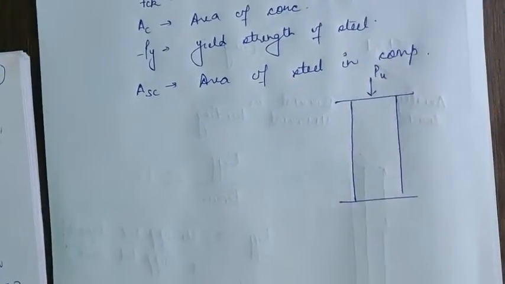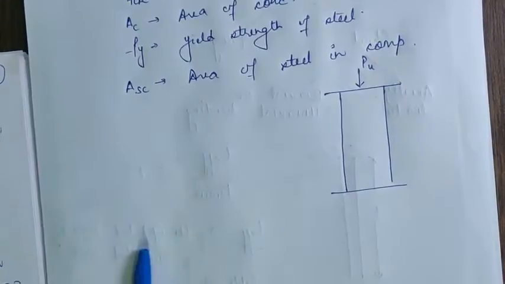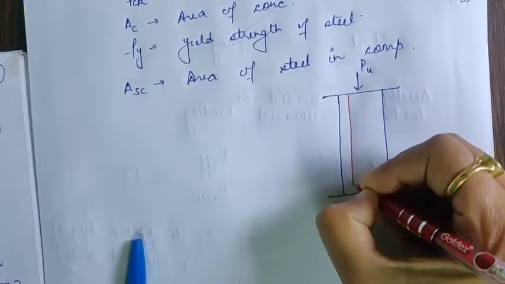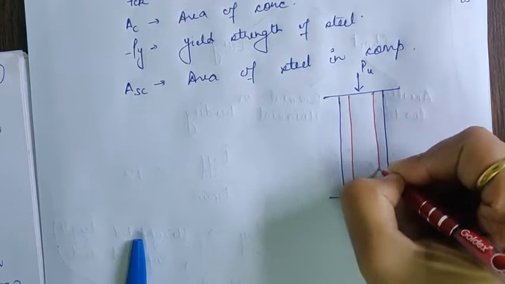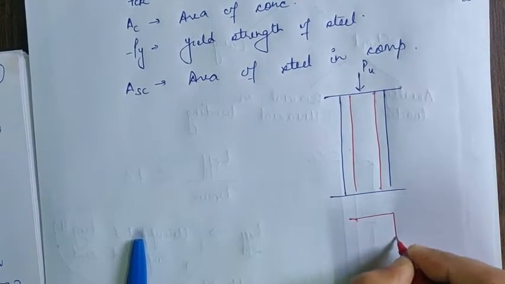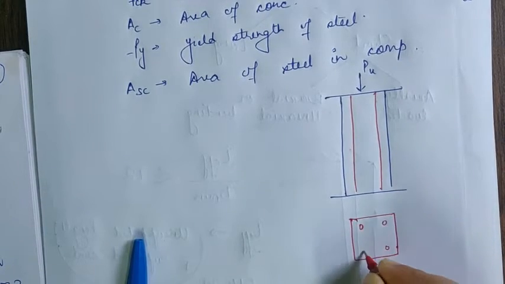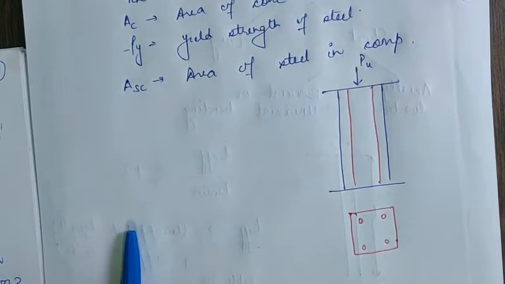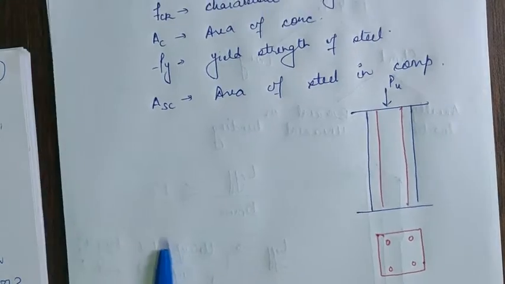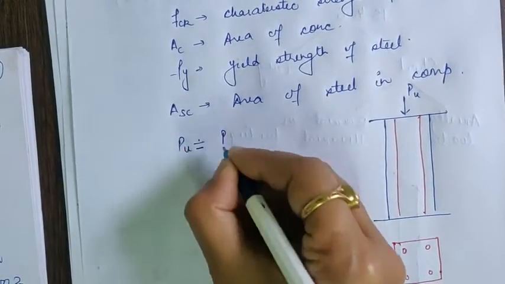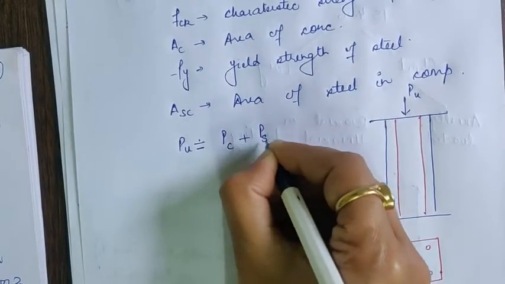This column has steel bars in it to take the load. If I take the cross section of the column, these are the steel bars that are there to take the load. So this load PU will be taken up by concrete as well as by steel.